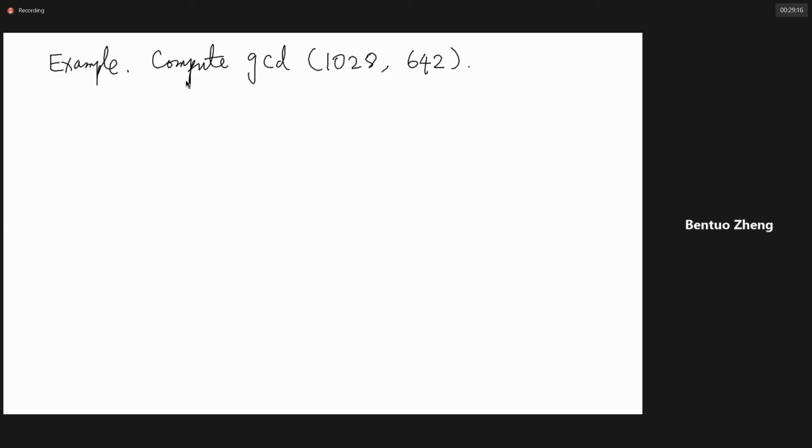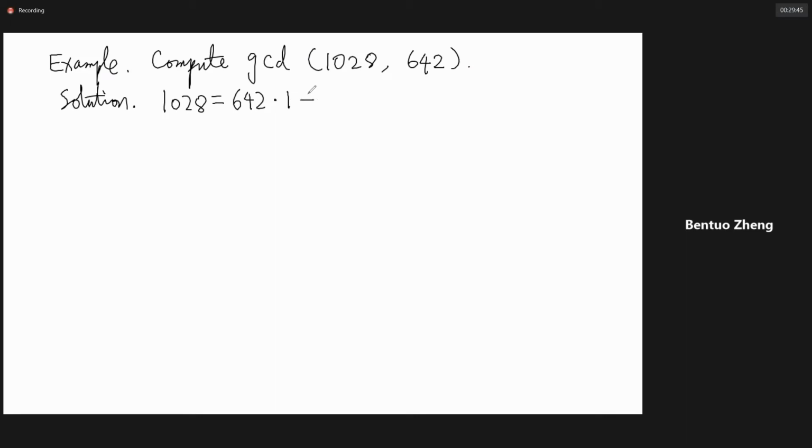Okay, so let's stop here, and I'm going to tackle it. You just check whether you get the correct solution. What we do is still the same. First we write the larger number as a multiple of the smaller number plus a remainder. So this is 642, of course, times 1.